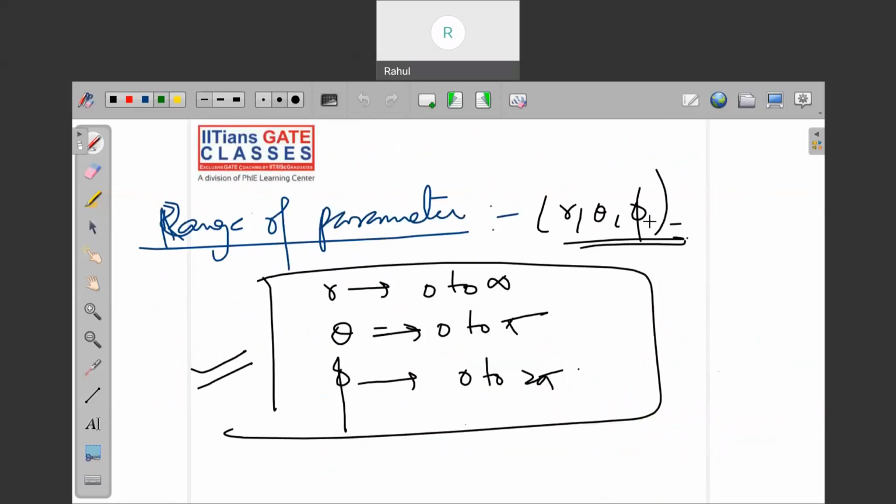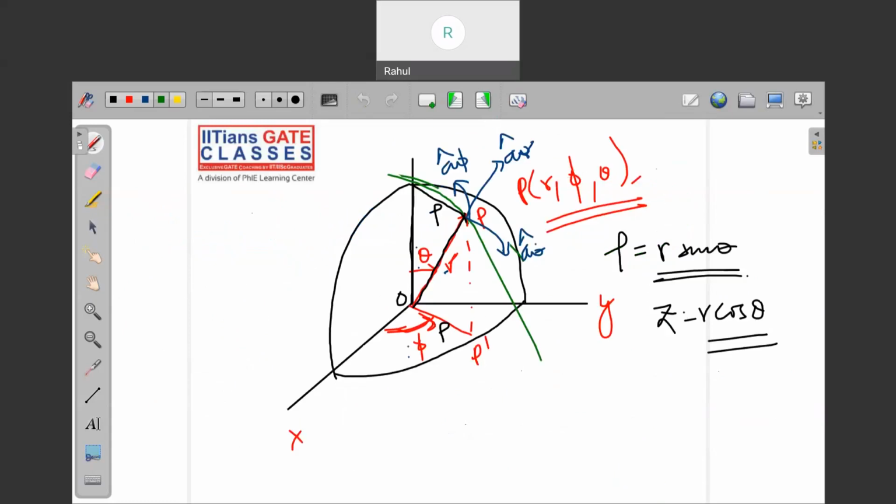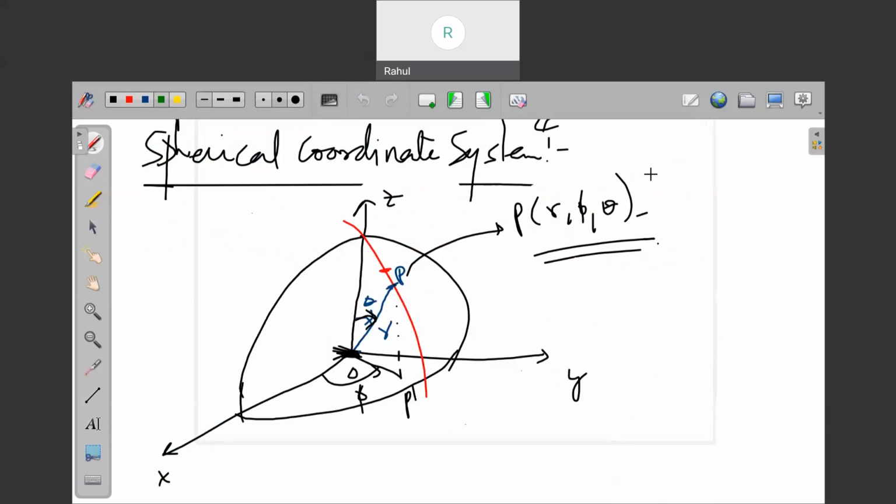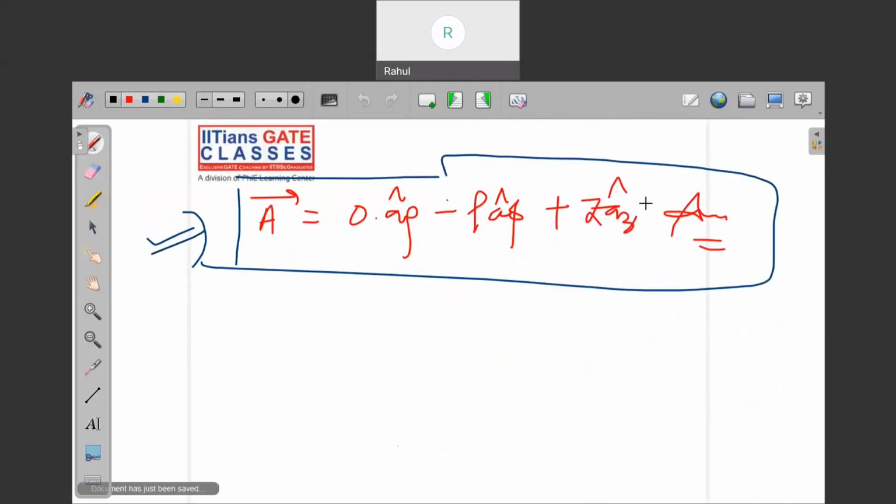Let me erase this and write properly: r theta phi sequence, because after r you are getting theta, then phi.